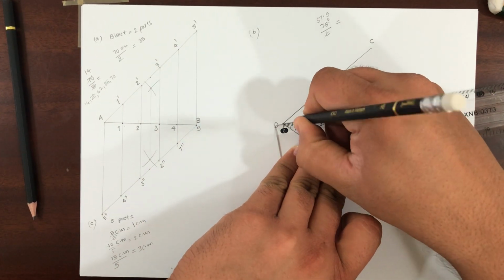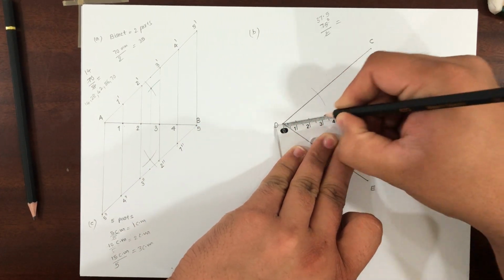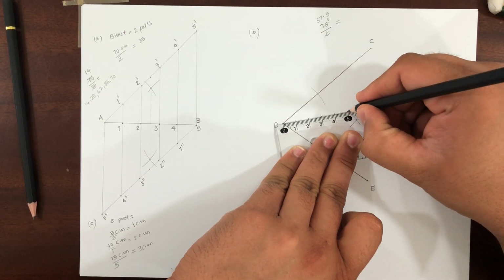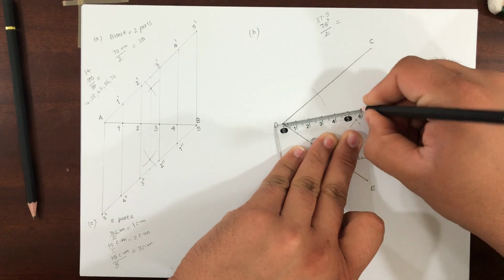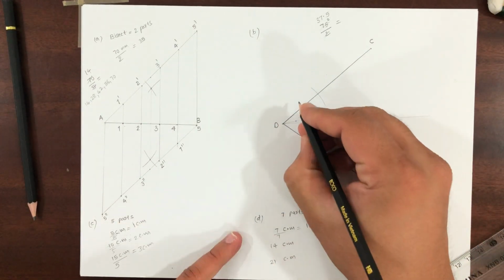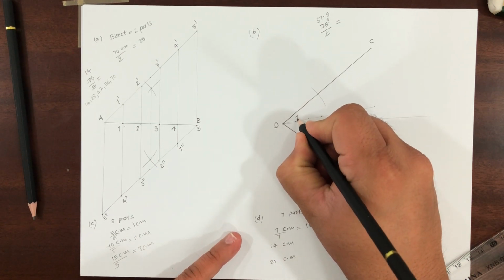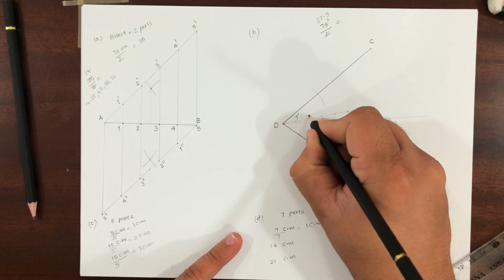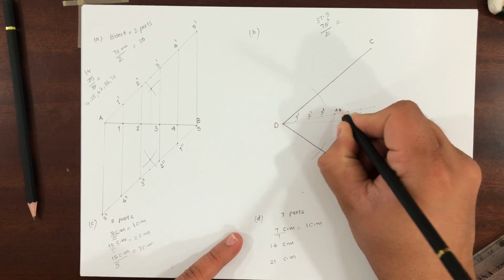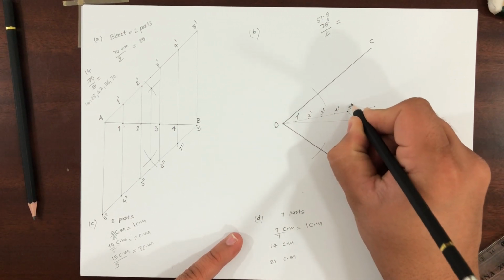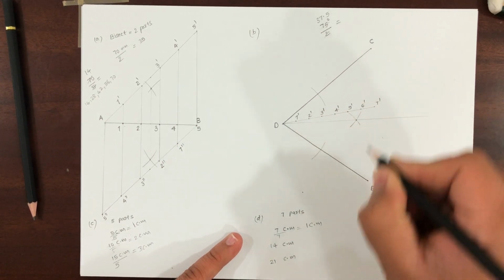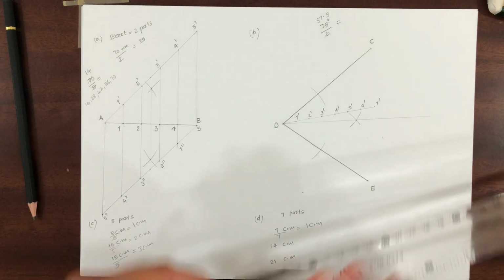Now here 1, 2, 3, 4, 5 already there, 6, 7. Okay, so now again mark them as 1 dash, 2 dash, 3 dash, 4 dash, 5 dash, 6 dash, 7 dash. Okay, now similarly do it here.